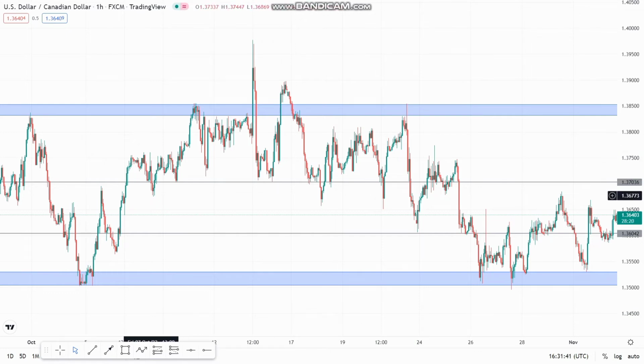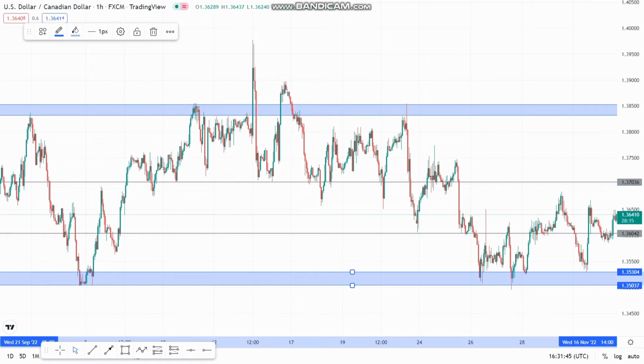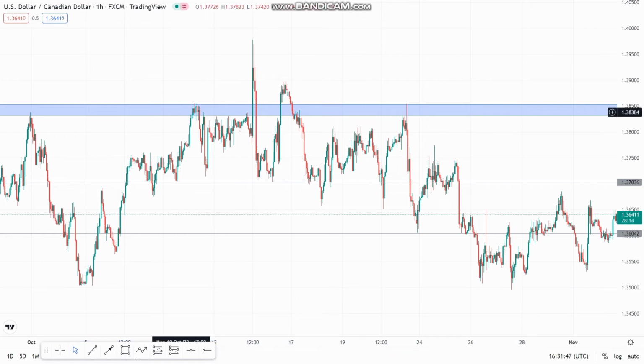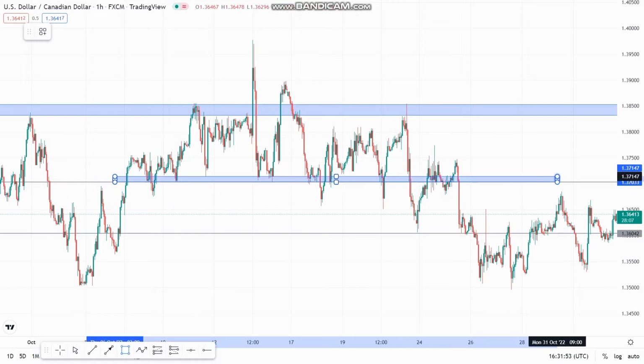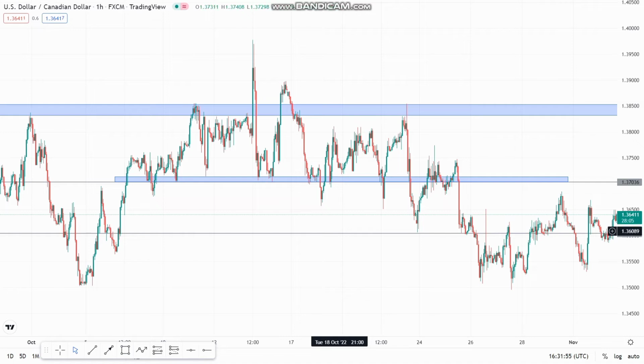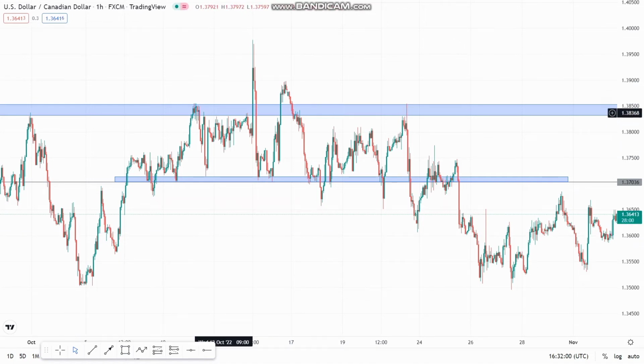So if you look closely, on the lower time frame, let's say we did not have these two, we didn't have this one right over here. Let us move this one also. This will be the resistance level, and this will be your support level as the market did respect this area here.